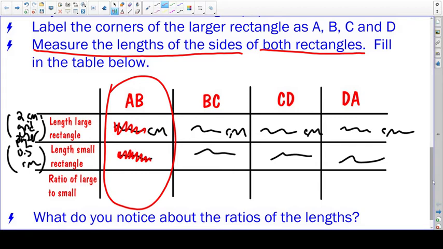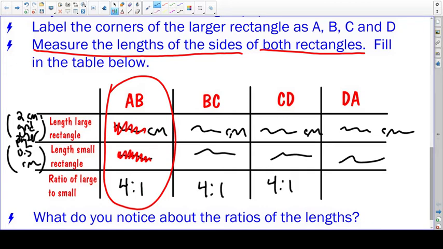In each case, you should get 4. So in other words, the ratio of the large dimension to the small dimension should be 4:1 in each of these cases.